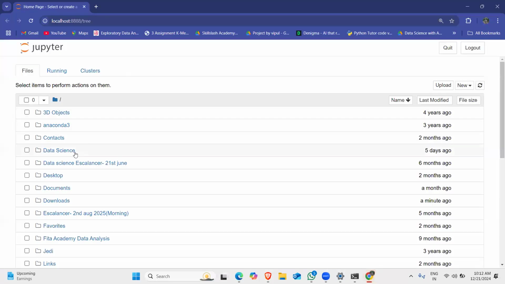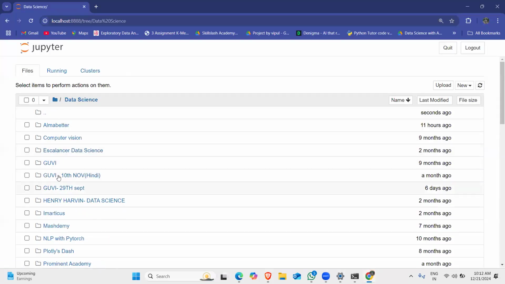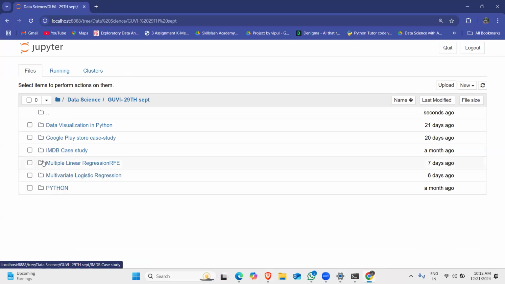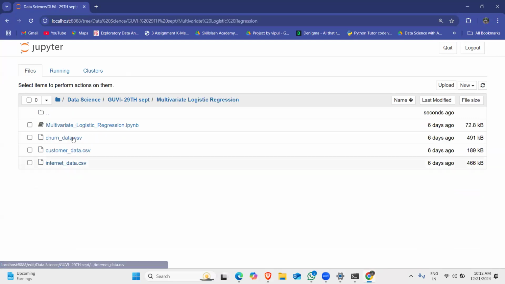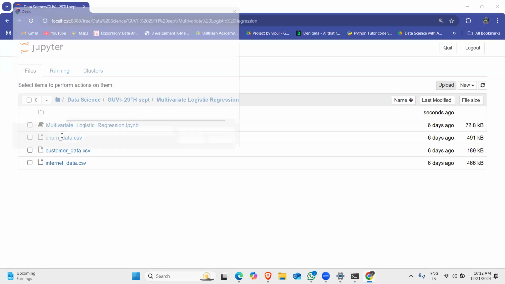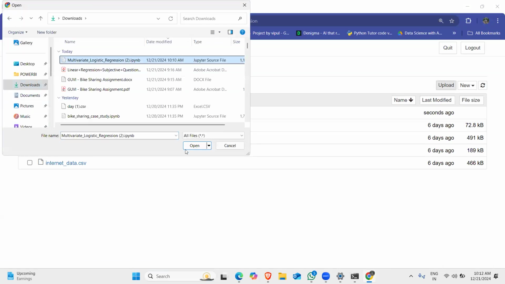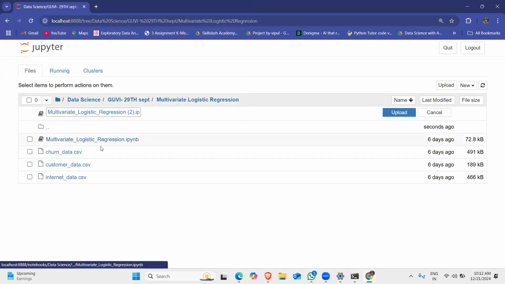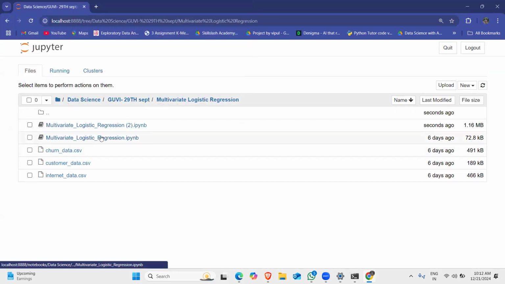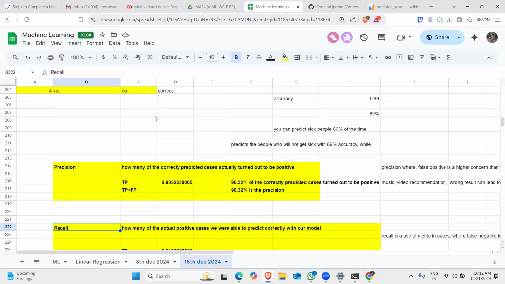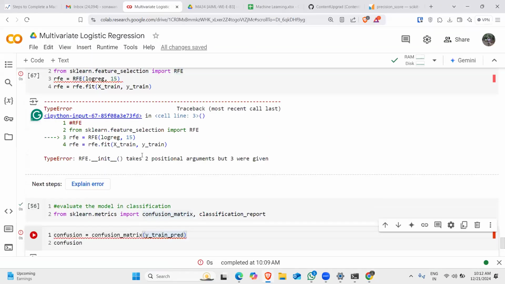Now let us try to do this over here. Multivariate logistic regression, this one. So I'll just upload that particular file, which is this. Just take this.